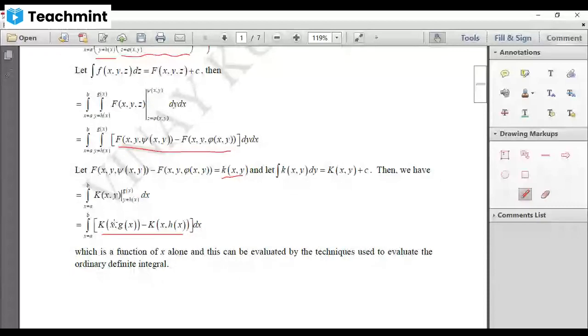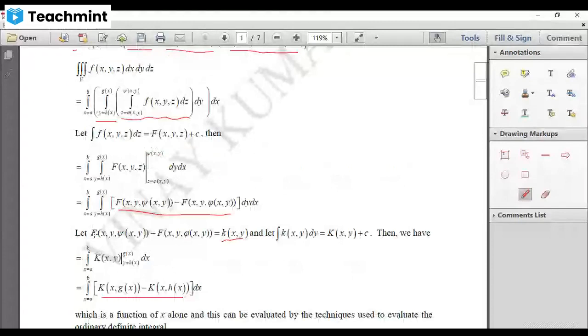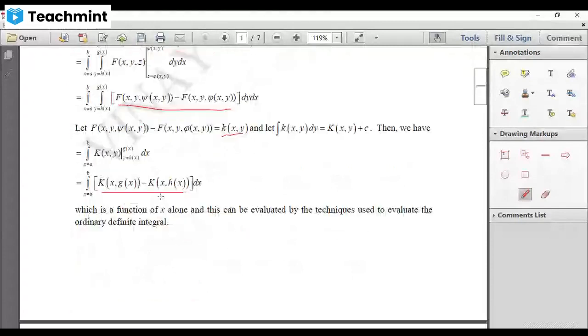Since this is a function involving only x and x is having constant limits, this is an ordinary definite integral. So we have reduced this triple integral into an ordinary definite integral. And you know how to solve this ordinary definite integral. You use the techniques which you have studied in the lower classes to solve this one. And you will get the answer which is a real number. So this is how you have to evaluate the triple integral.